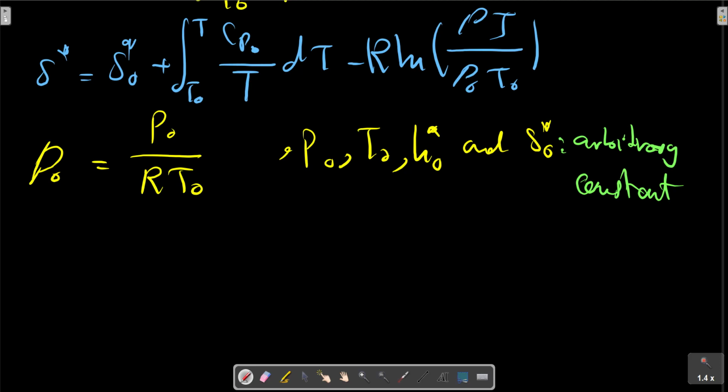In this relation, the ideal gas specific heat Cp0 must be expressed as an empirical function of temperature.